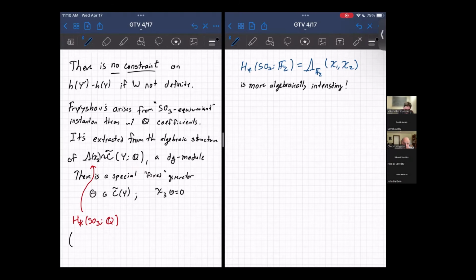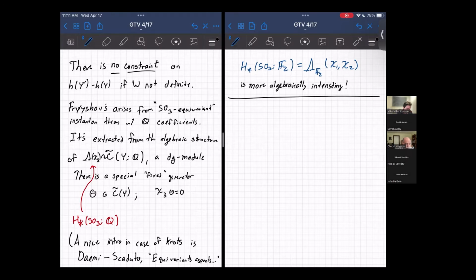As an aside, if it's interesting or useful, a nice introduction to the algebraic structure I was describing before and how you can extract interesting invariants from it is given in the paper Equivariant Aspects of Instanton Knot Homology by Daemi and Scaduto. Sorry about the aside. Back over here.